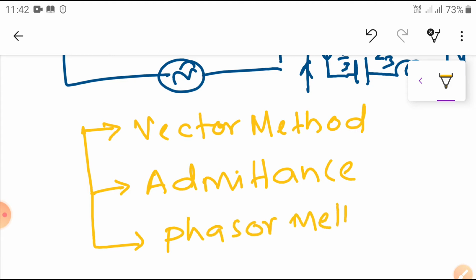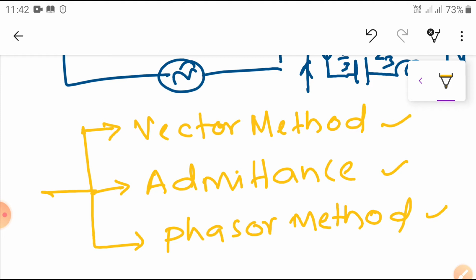We can calculate parallel circuits using the vector method, the admittance method, and the phasor method. Let us see them one by one.